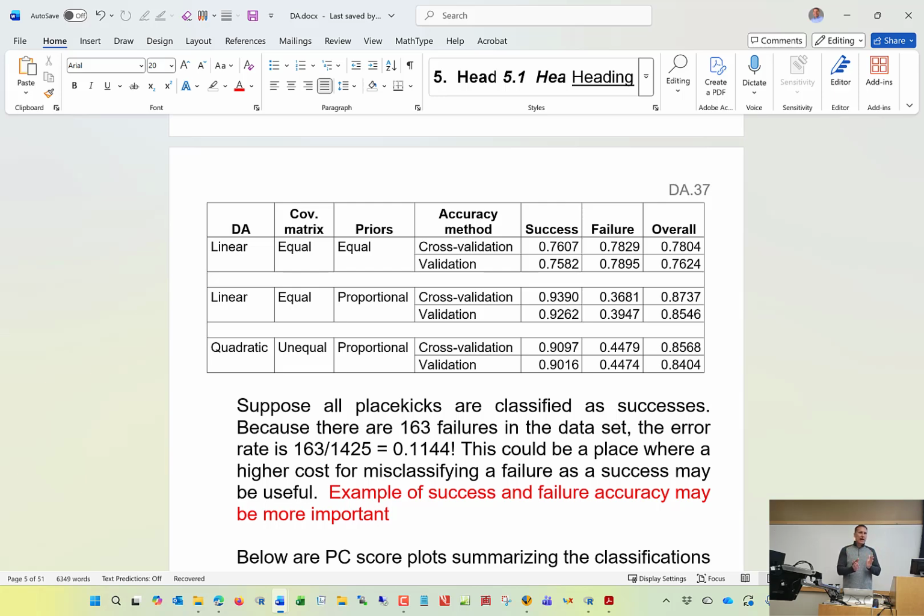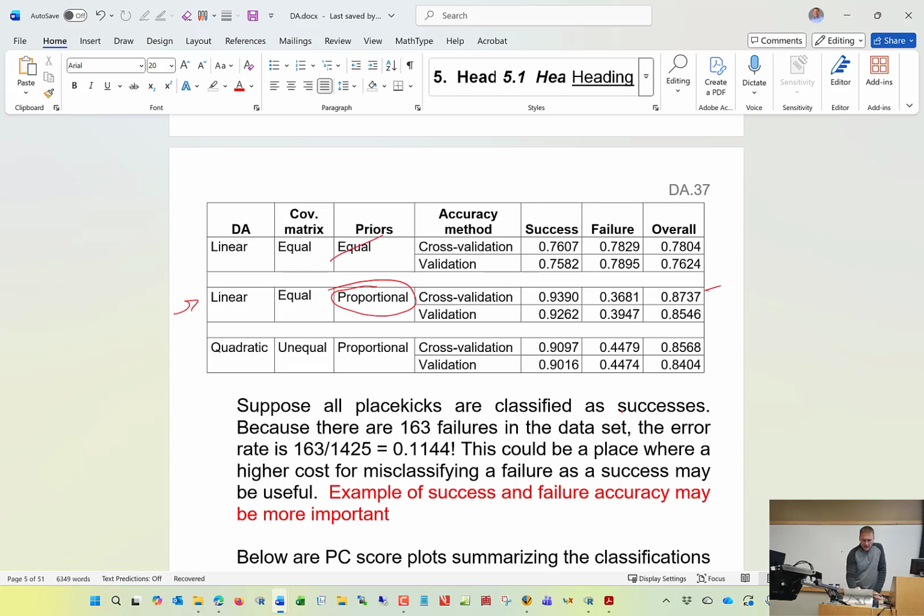From this table, you can make a judgment of which method to go with. So we can see that overall, it looks like linear discriminant analysis is a little bit better, with priors proportional, also when I compare it to quadratic.